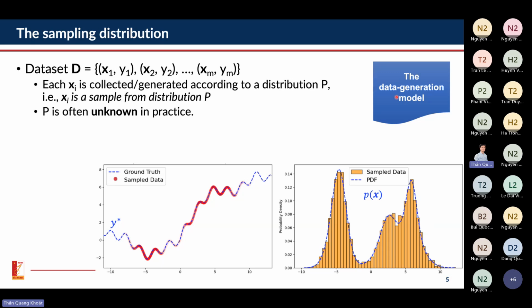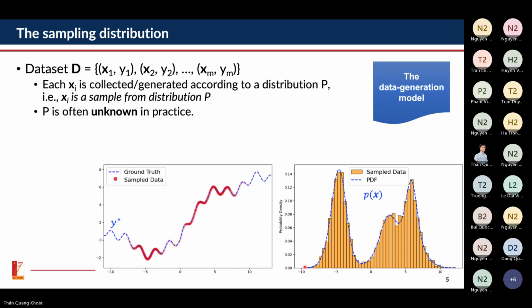In other words, we say that the data distribution, the process that generates the data samples, is unknown. Sometimes we call that a data generation model. This is just one example.